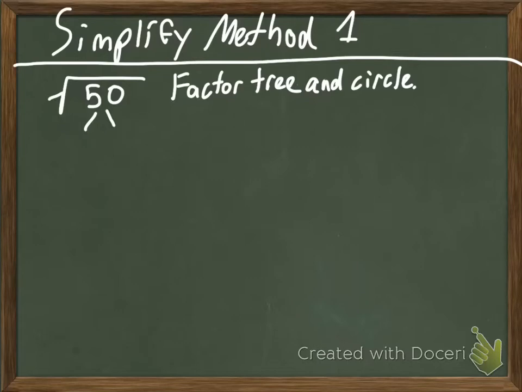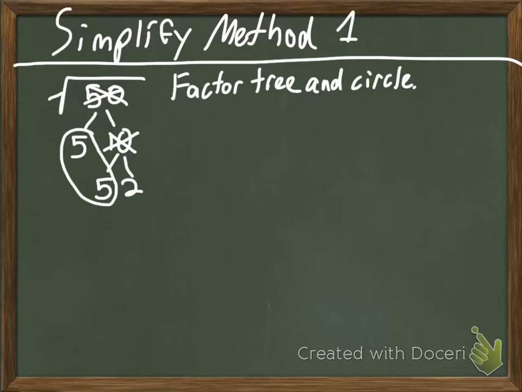So I see 50, so I know 5 and 10. 5's prime, so I can't factor it. 10 factors down to 5 and 2, and I can't break it down any further. After I can't break it down any further, I'm going to mark out everything that's not a prime number because I don't work with it anymore. And then I'm going to circle all the pairs that I have. So right here I have a pair of 5s, and I don't have anything to pair that 2 up with.